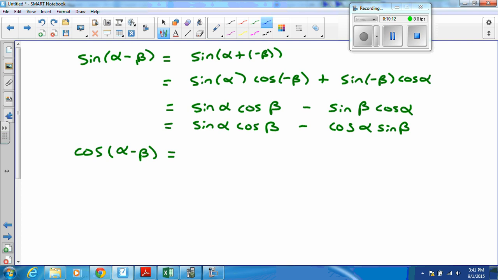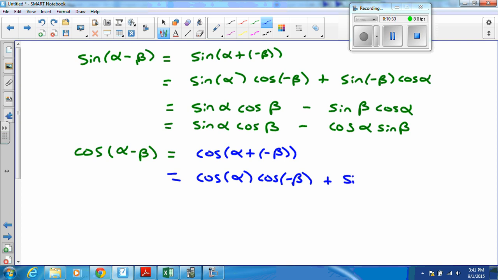Same song, second verse. Again, we're going to think of subtraction as adding the opposite. And so using the correct identity for angle addition, which is cosine alpha, cosine negative beta, minus sine alpha, sine negative beta.